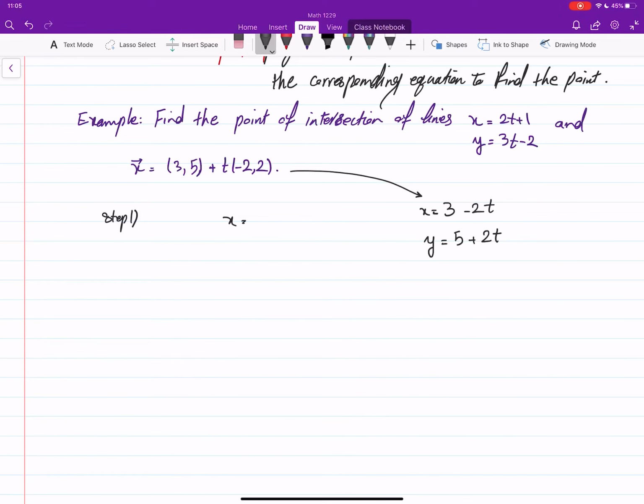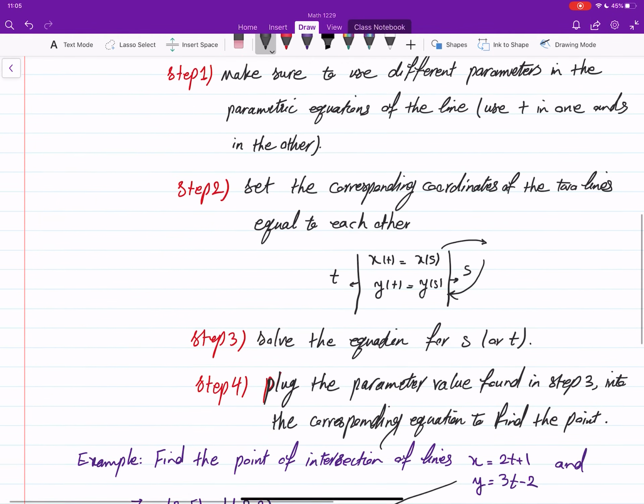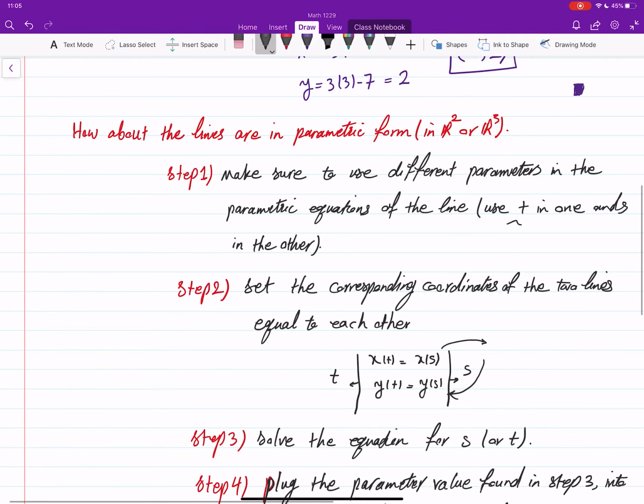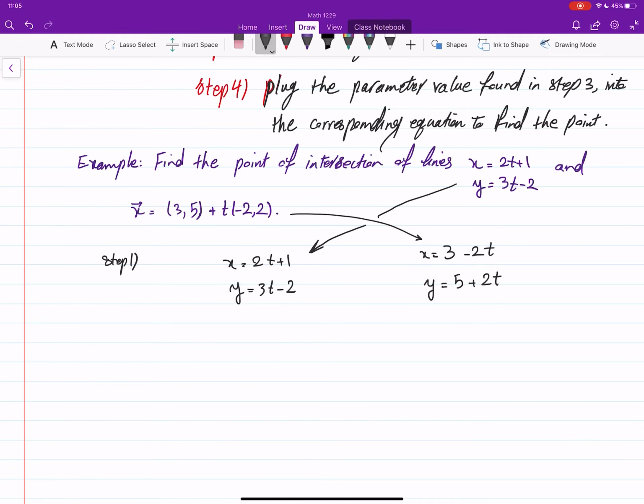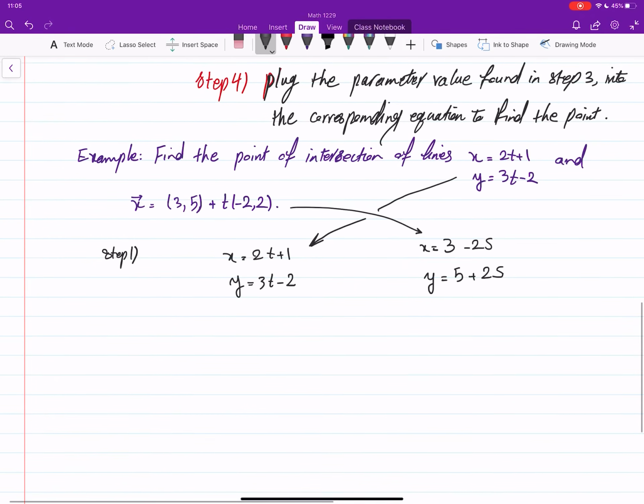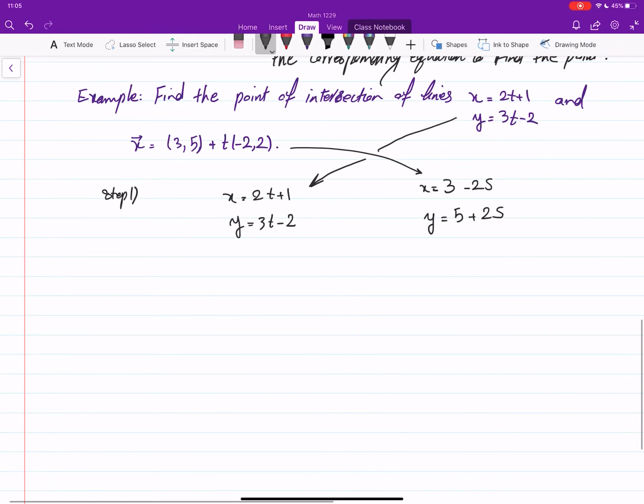Well, the other ones are x equals 2t plus 1, and y equals 3t minus 2. If you start working this way, you're going to be in trouble. Remember, you have to use different parameters. So for the second one, let's just use s instead of t. So we use 2s and 2s. Okay, nice. That's step 1.